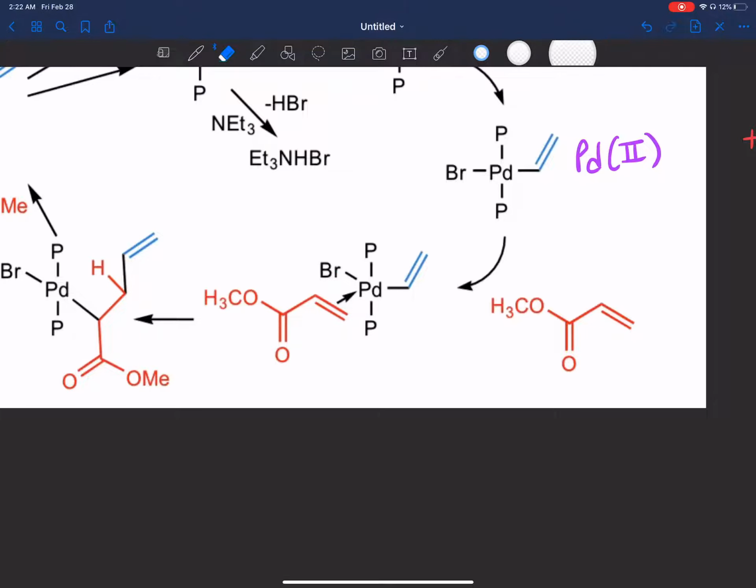Now, one thing to remember is that when we have an alkene bound to my metal like this, at the center of the double bond, that is a neutral ligand. It's L-type. I am not changing my oxidation state. Again, I still have these phosphorus groups, with still no contribution to the oxidation state from them.